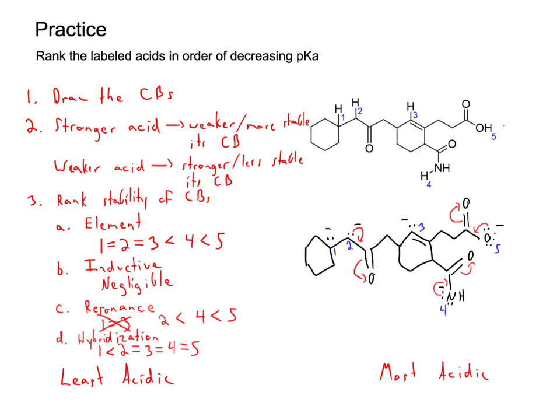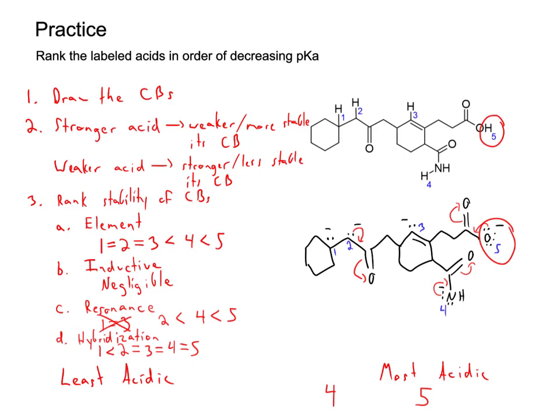That means that acid number 5 is going to be the most acidic because it has the most stable conjugate base. So the most acidic is acid number 5 on the original drawing. We can then say that 4 is going to be the next most acidic. That's because in all the other cases, conjugate base 4 was the second most stable.